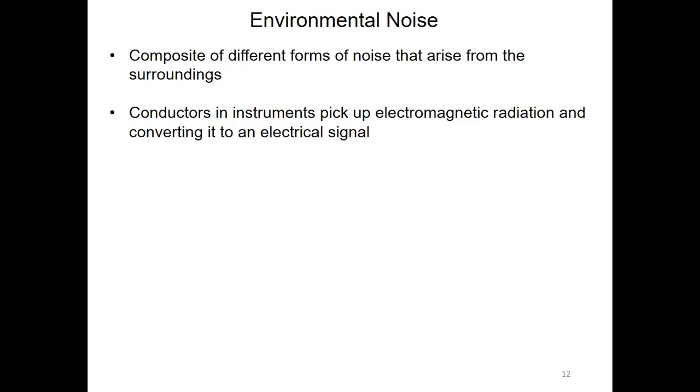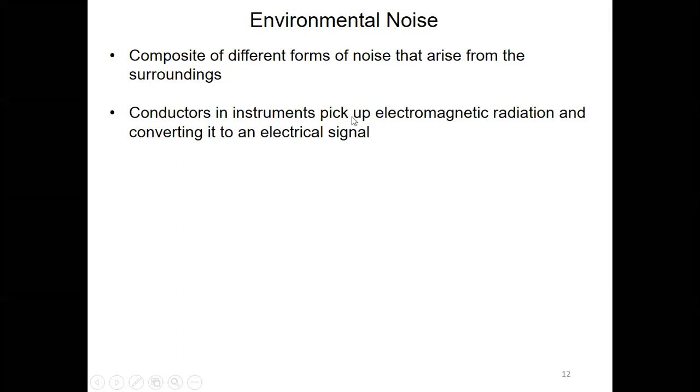So this noise arises because of the lab environment. And what is happening there? Conductors in the instrument pick up electromagnetic radiation and convert it to an electrical signal. In any instrument, there are conductors, and these conductors pick up electromagnetic radiation.